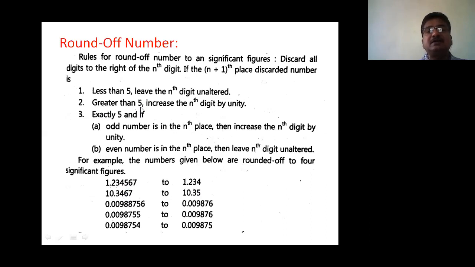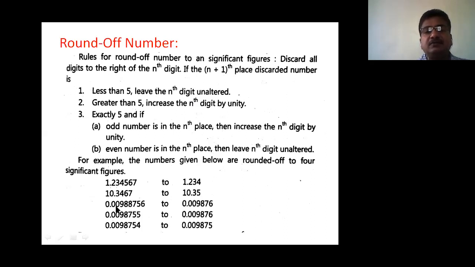If the first discard digit is greater than 5, then increase the previous digit by unity. So we have to discard this 6 and 7. The first discard digit is 6, that is greater than 5, and so increase the previous number by 1.